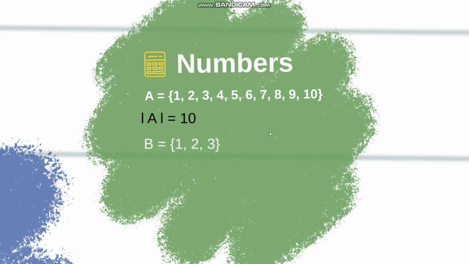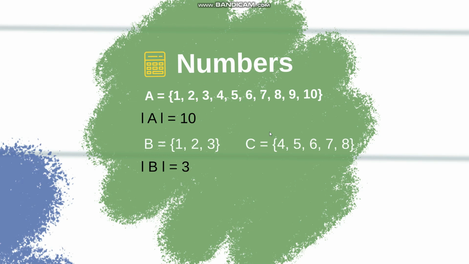Our set B. What is the cardinality of our set B? It is simply, let's count, 1, 2, 3. So the cardinality of set B is 3. Let's have set C. The elements of set C, we have 4, 5, 6, 7, and 8. And in order for us to find the cardinality of set C, we would just simply count the elements: 4, 5, 6, 7, 8.